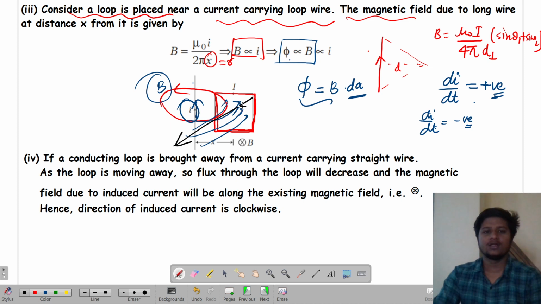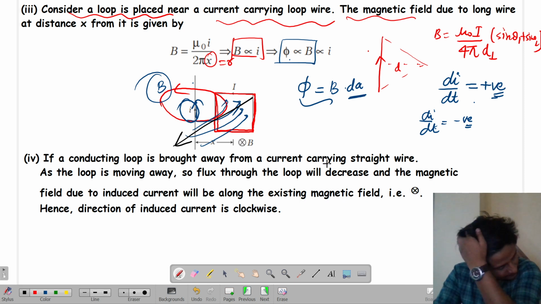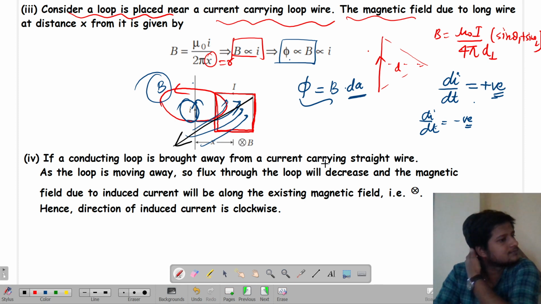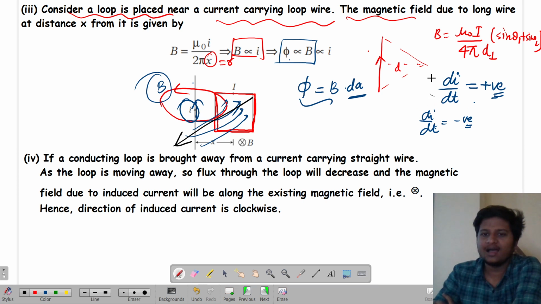Now look over here. One thing you try to see, I have written di by dt and I have written di by dt.